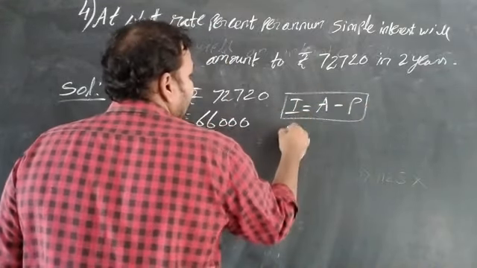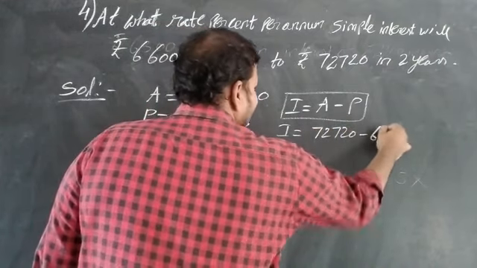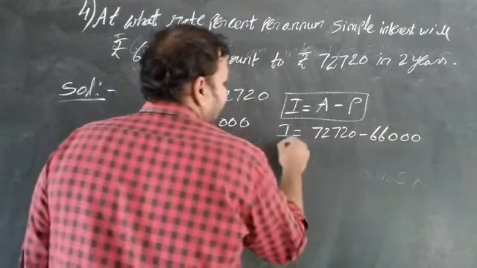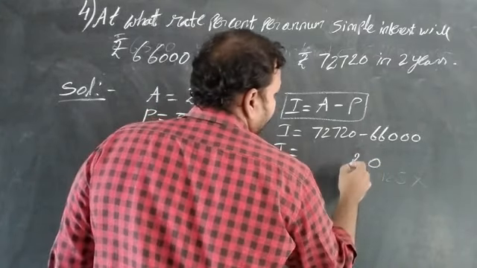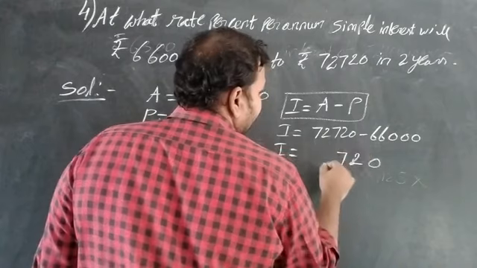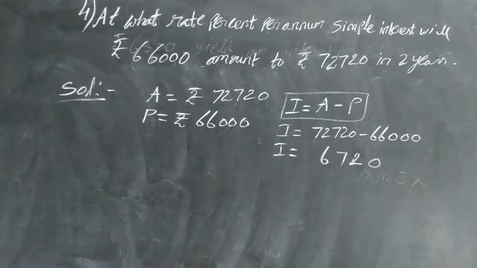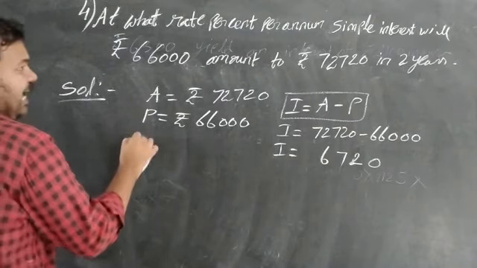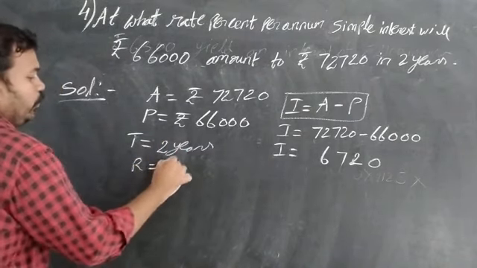Substituting in the formula, I is equal to 72,720 minus 66,000, which is 6720. Time is equal to 2 years and rate is equal to question mark.